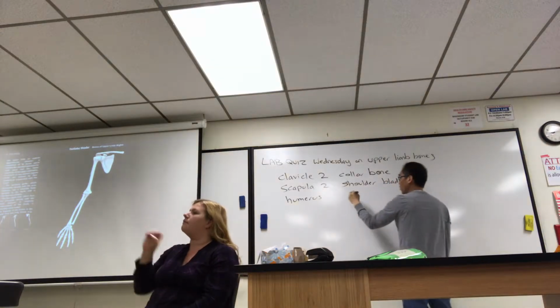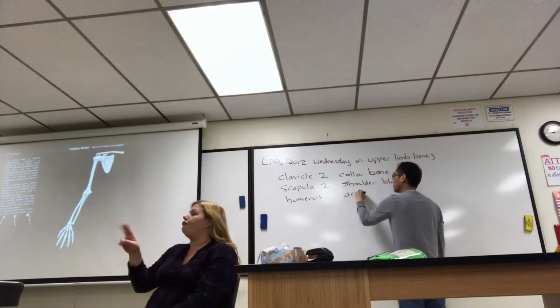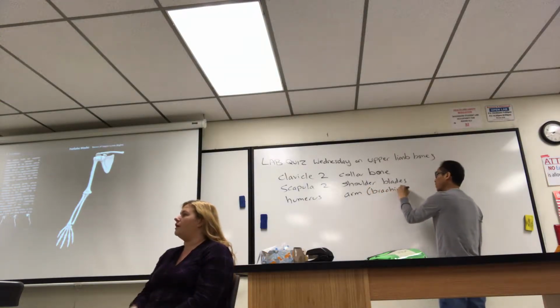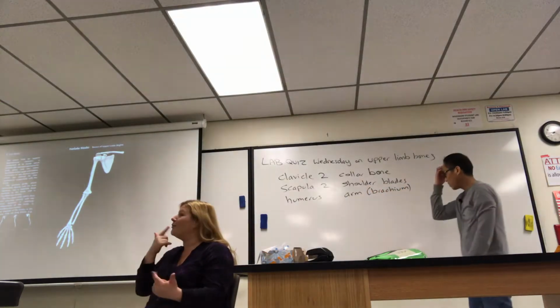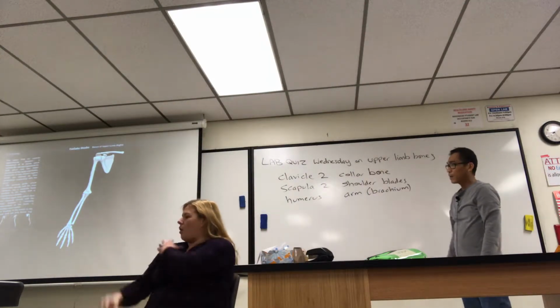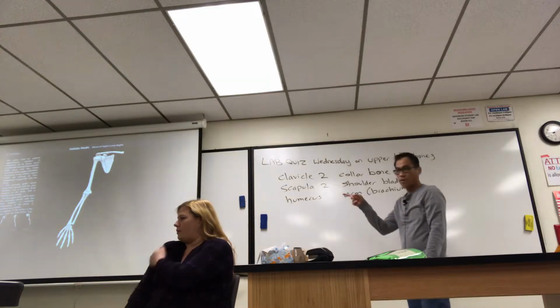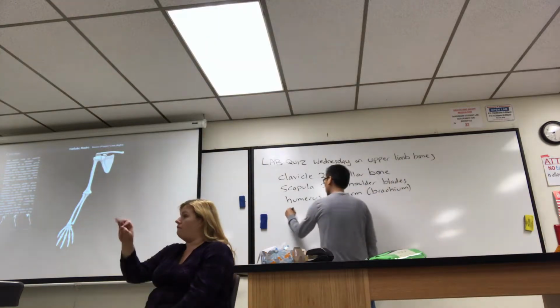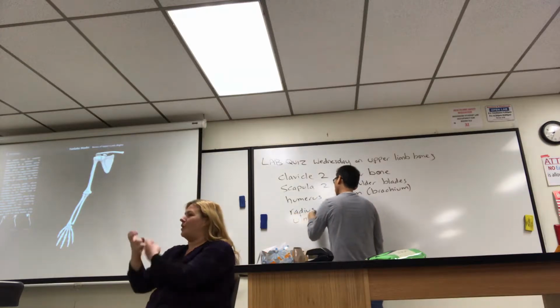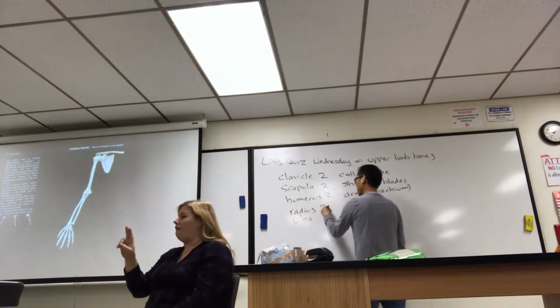And the humerus is the bone of the arm. Remember, in anatomy, the brachium is the arm, or the region between the shoulder and the elbow. Then you have the forearm, and there's 2 parallel bones there. There's the radius and the ulna. You have 2 humerus, 2 radius, 2 ulna.